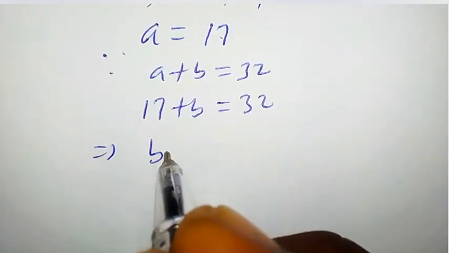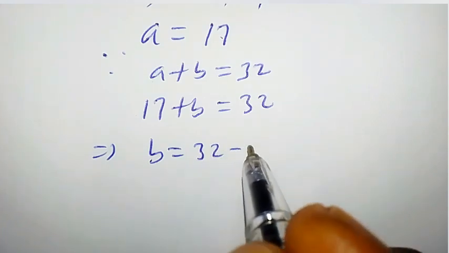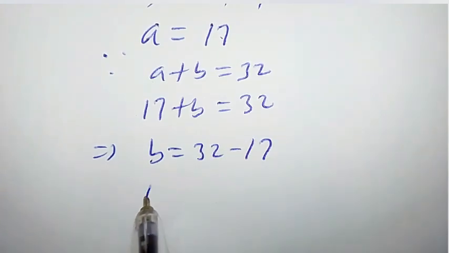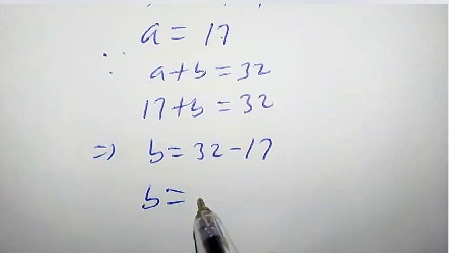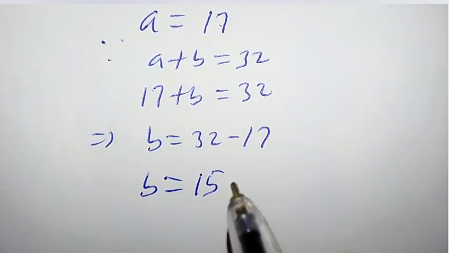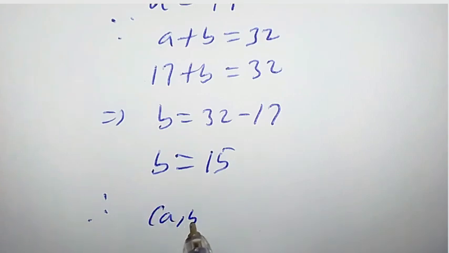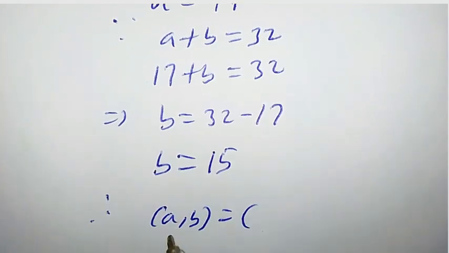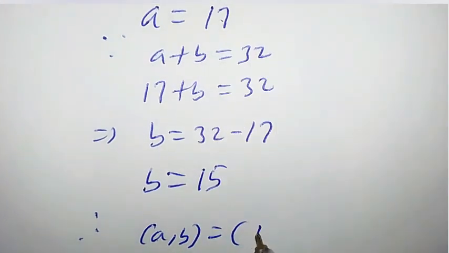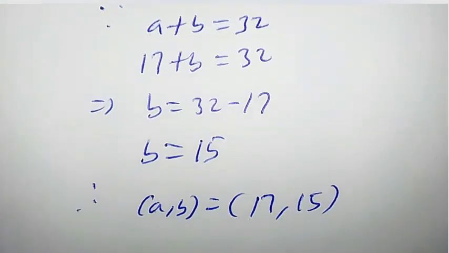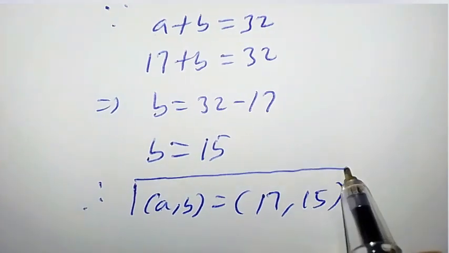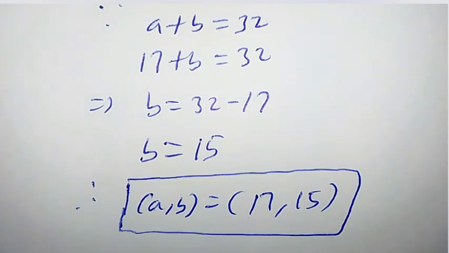This implies that b equals 32 minus 17, that is 15. So therefore, a comma b is equal to 17 comma 15. This is the second solution.